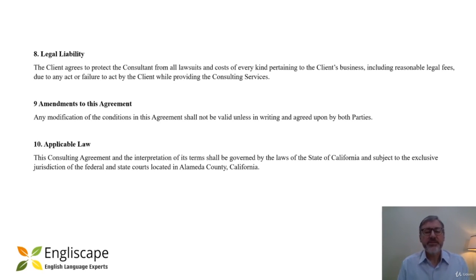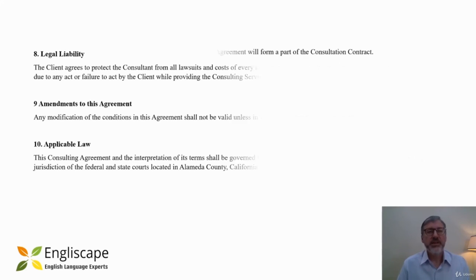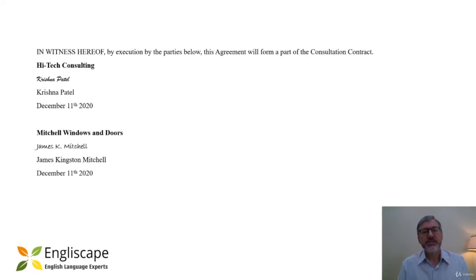This consulting agreement and the interpretation of its terms, interpretation means the meaning of its terms, shall be governed by the laws of the state of California and subject to the exclusive jurisdiction, jurisdiction is where the court controls, of federal and state courts located in Alameda County, California. So there were the 10 articles.